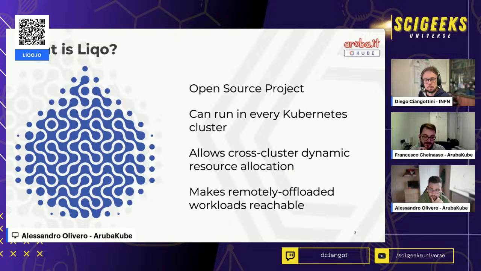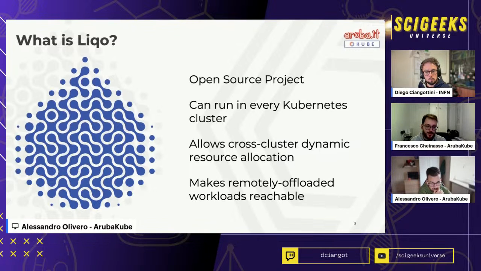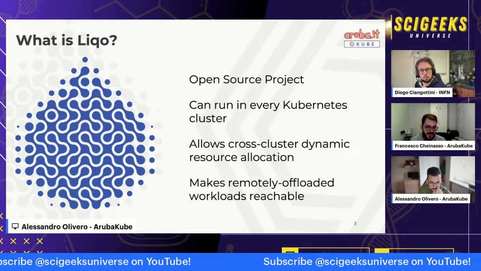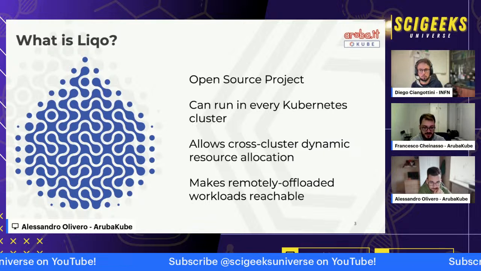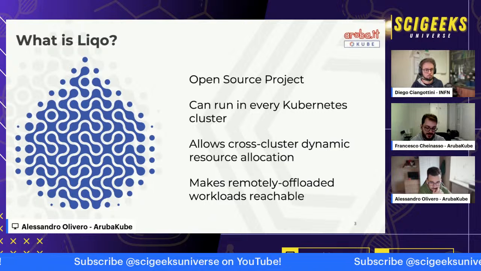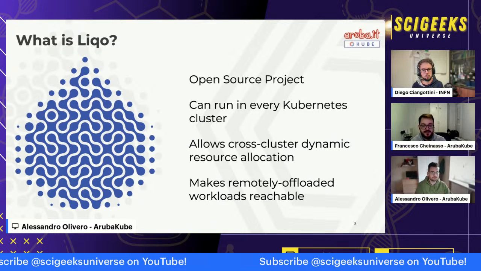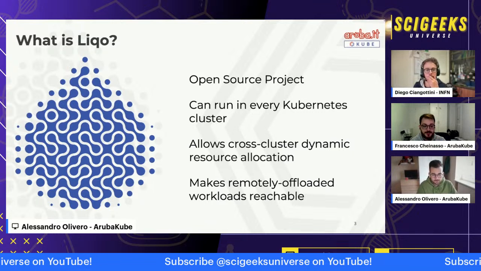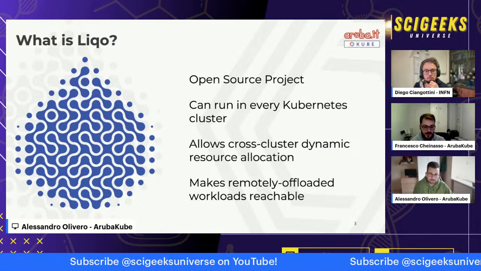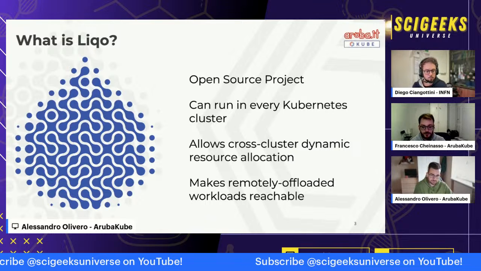And at the moment, the main contributor, this is important to say, is ArubaKube. Liqo is open source. I say that because everything you will see today, which is basically a demo that allows us to explore some technical details of Liqo, is free, so you can find everything on our repository and you can use it for free.